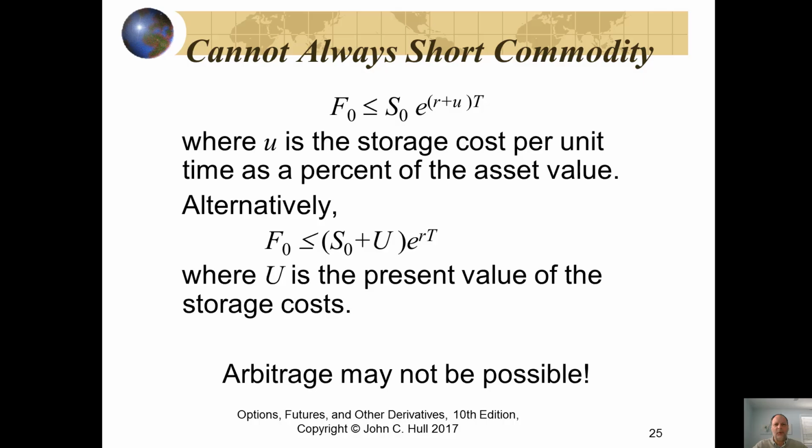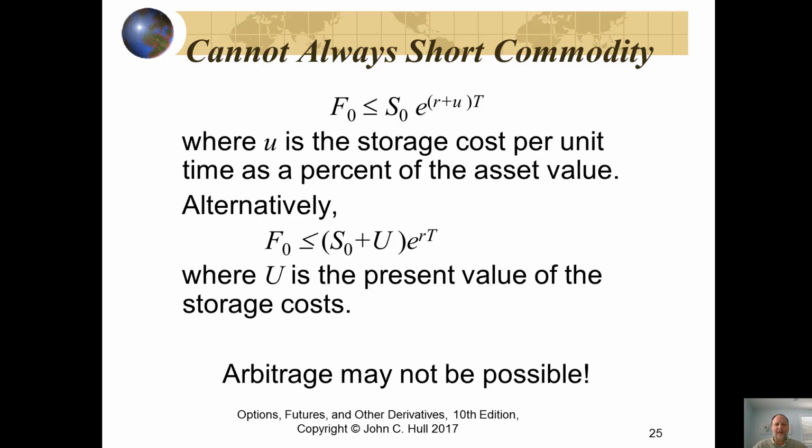For example, copper, you can't necessarily borrow that from somebody and sell it, because the copper market may be dominated by people who own the copper and want to use it for construction, for example, copper wire in building houses.